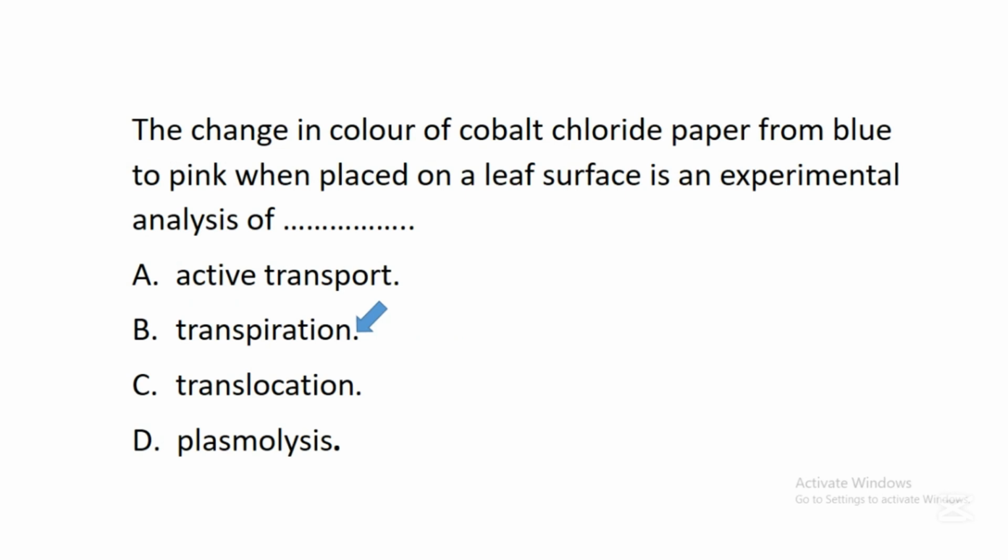And scientists did research and discovered that the change in the color of this cobalt chloride paper from blue to pink when placed on a leaf surface shows that transpiration has taken place, because it is only water that has the ability of changing this cobalt chloride paper from blue to pink. So it's an experimental analysis of this process called transpiration.